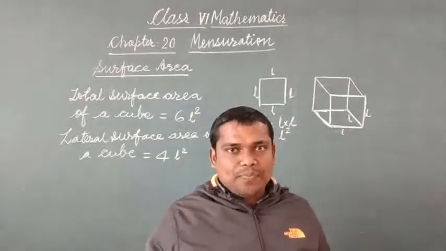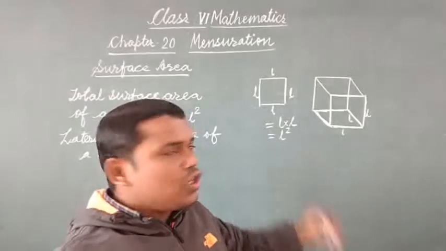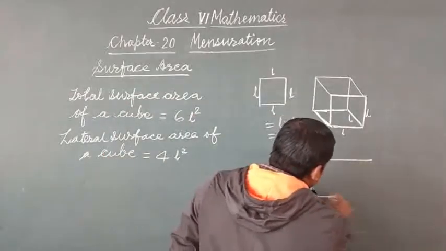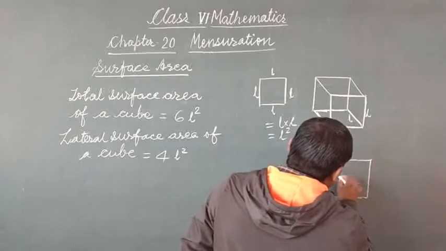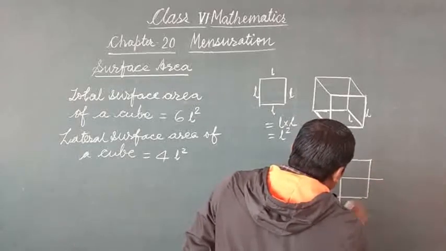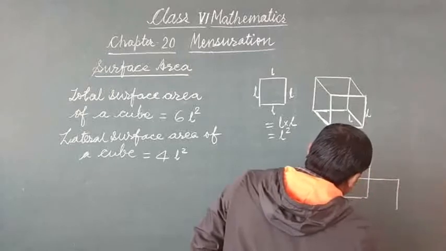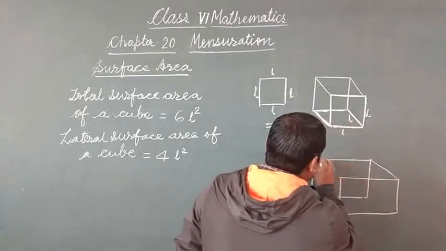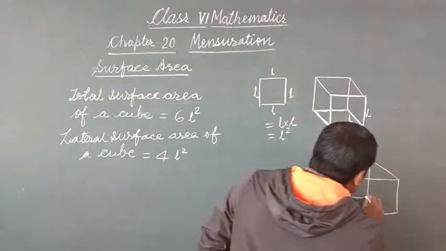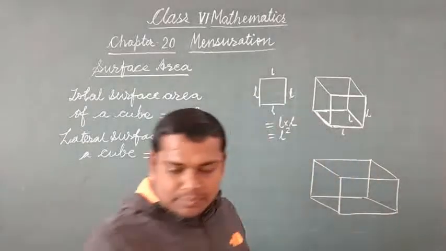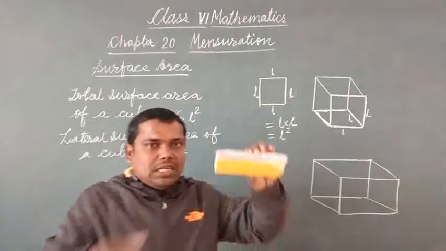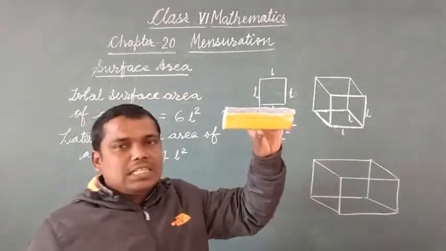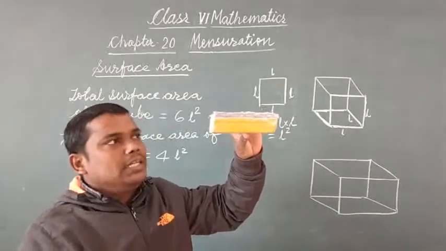Is it clear? Similarly, in case of a cuboid, as you know, a cuboid has 3 pairs of identical surfaces. Just now I am going to give you an example of a cuboid. Look, this duster, you are seeing, is just like the shape of a cuboid.